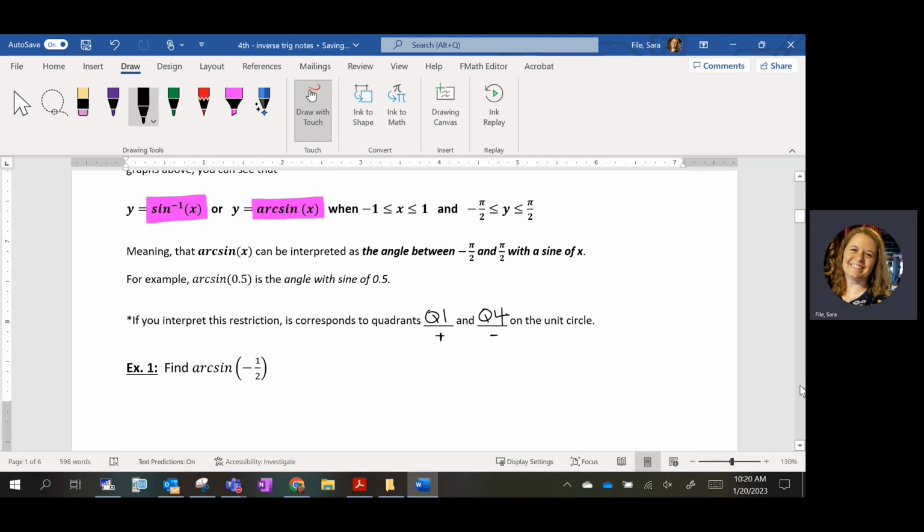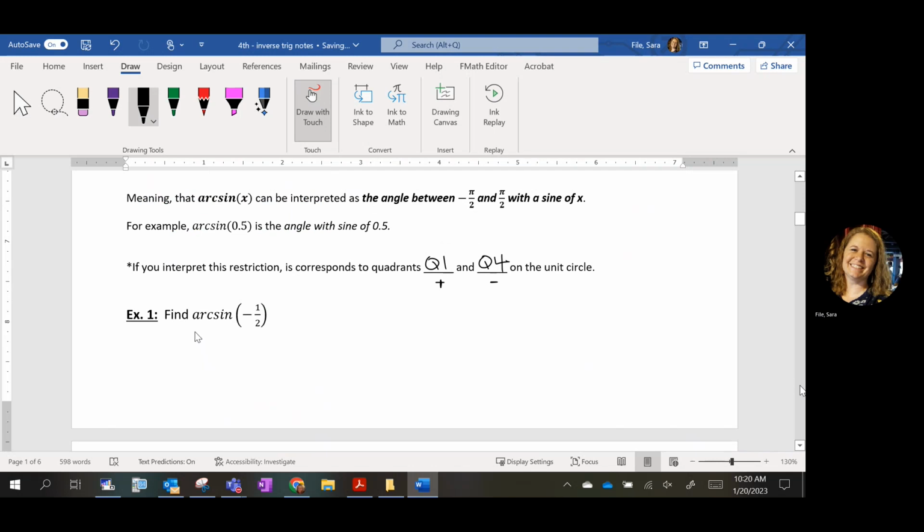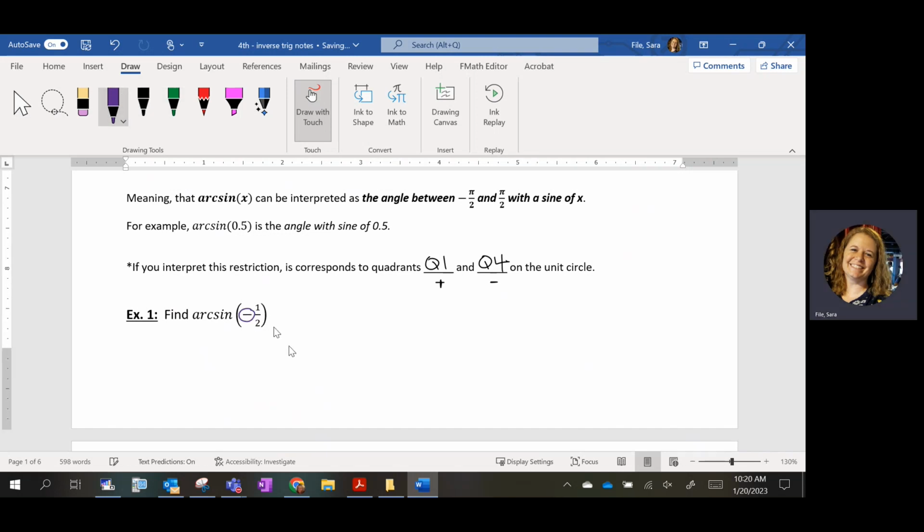So let's try one. Arc sine of -1/2. The negative tells me what quadrant my answer is going to come from, 1 or 4? Quadrant 4. So I'm going to think about quadrant 4. You don't have to draw and show work.